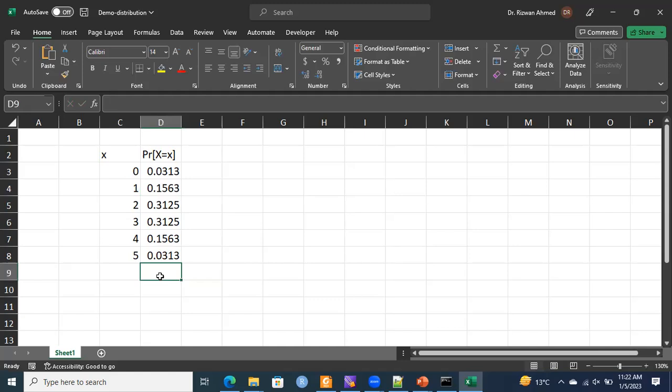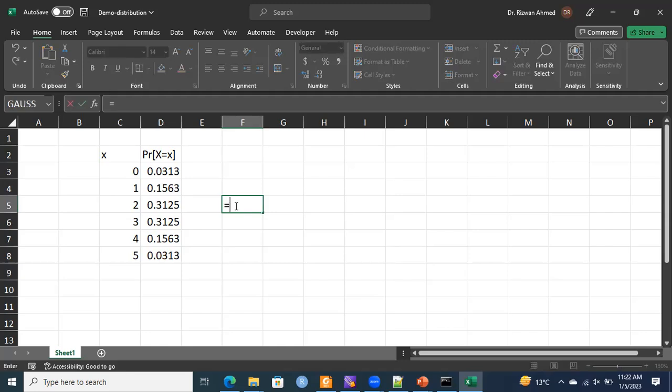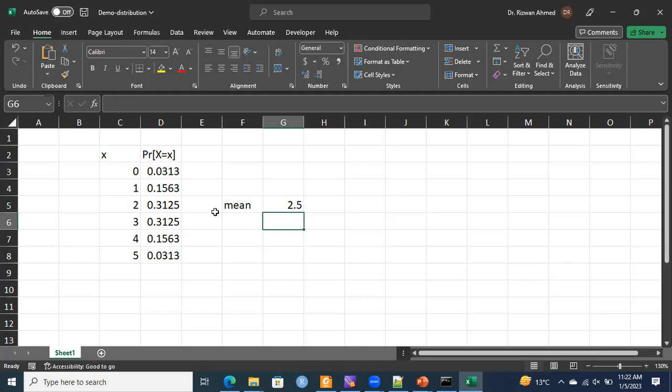So you can see that as you move away from the mean value in a binomial distribution, where the mean is equal to n times p, so 2.5, you have the greatest probability for 2 and 3, and you have lower probabilities as you move towards the edges on both sides.